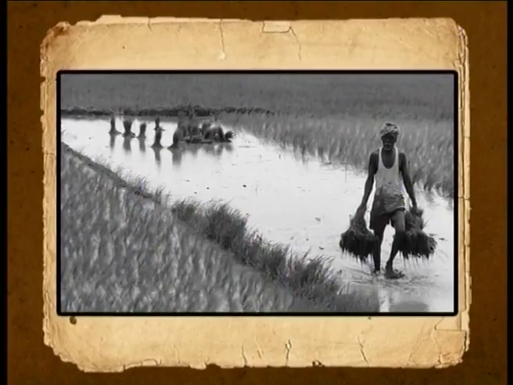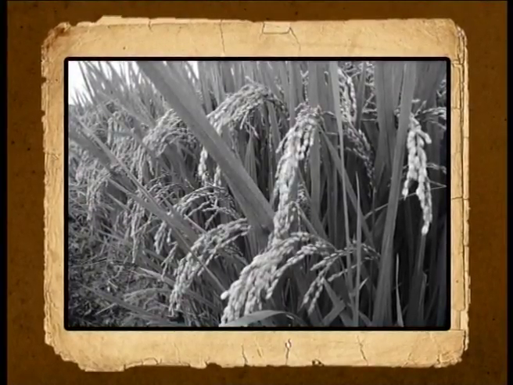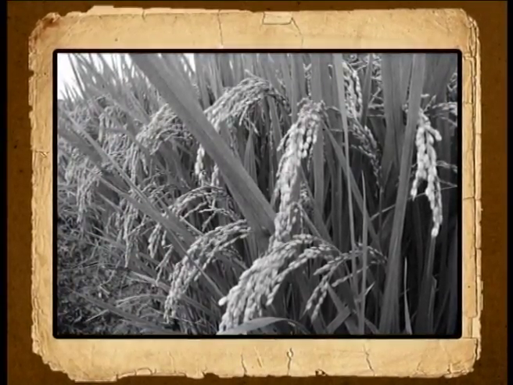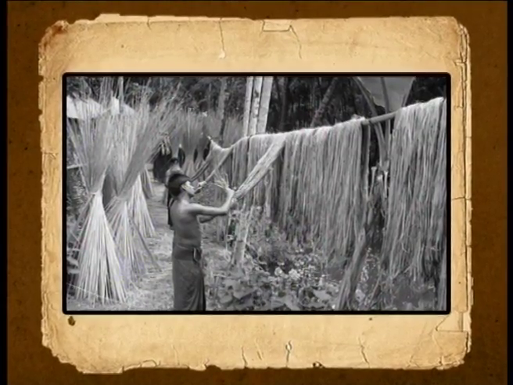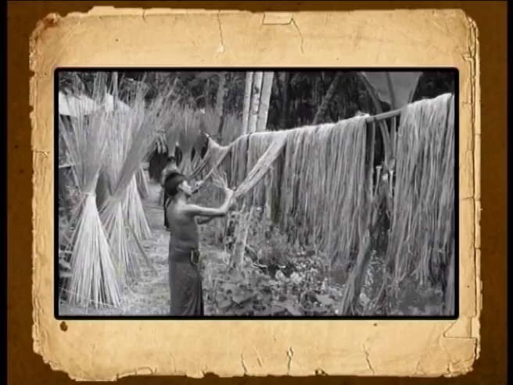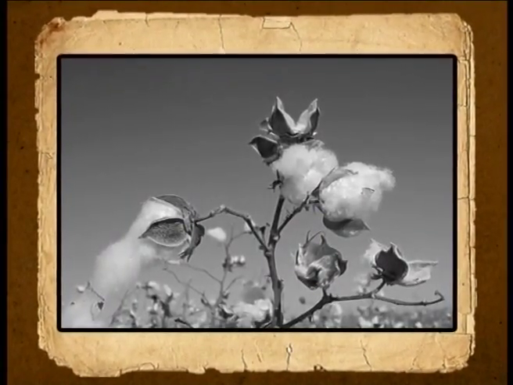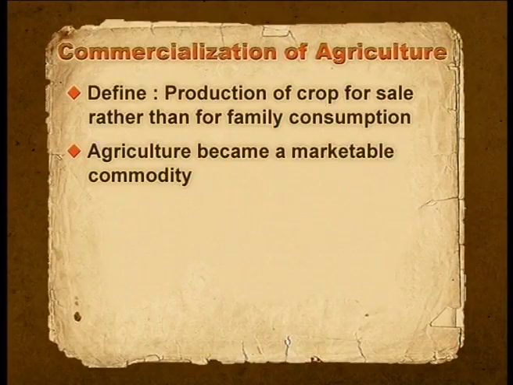Earlier, the farmer would produce for his own requirements, but because there was a change in the cropping pattern, they no longer produced paddy, but something like jute or cotton, which benefited industry, especially the British. Therefore they produced for sale rather than family consumption, and agriculture became almost a marketable commodity. This is what is called commercialization of agriculture.